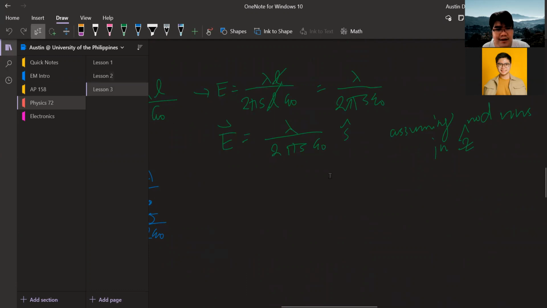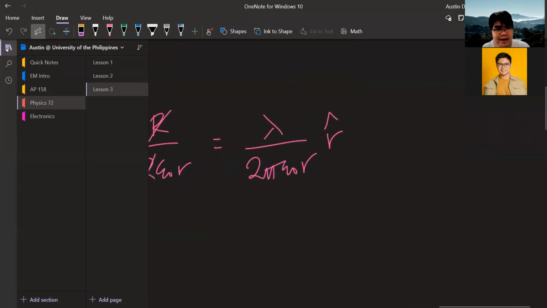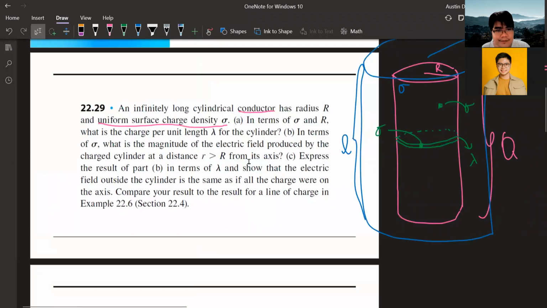Sagot natin, kasi lambda over 2 pi s. Pero r lang ginamit natin ngayon kasi ayun yung sinabi nung tanong. Sinabi kasi sa tanong, gamitin mo si r from its axis. So no need na mag-transform ka dun sa sinabi kong coordinate system na may s. So define naman na yung r na galing siya from its axis.